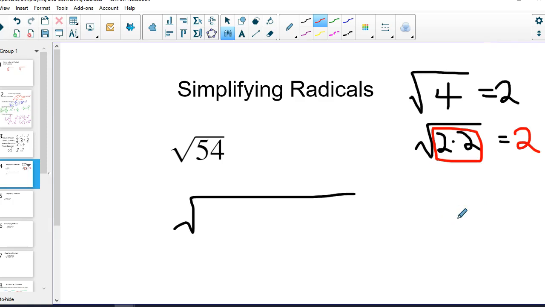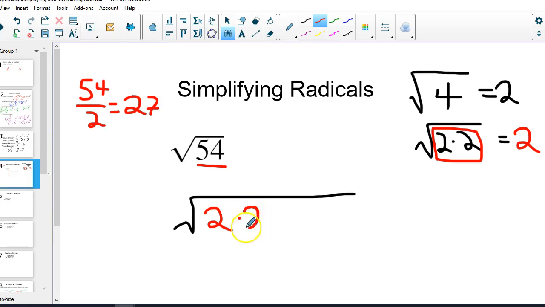So what we're going to do is try to break down whatever's in the radical into factors. Try to identify any factors that you can bring out. In this case, I recognize that 54 is divisible by 2, so I'm going to factor out a 2. What's left over is 54 divided by 2, which gives us 27.